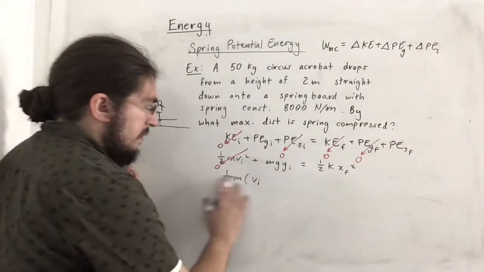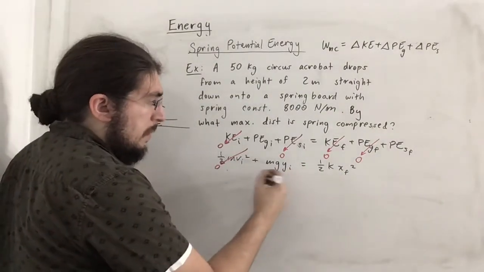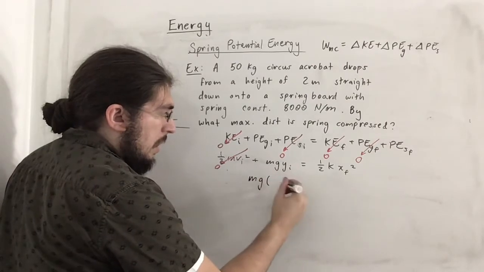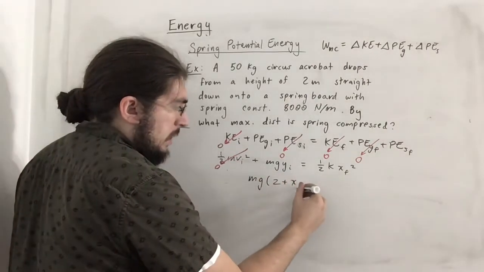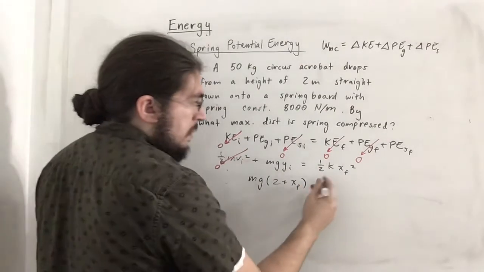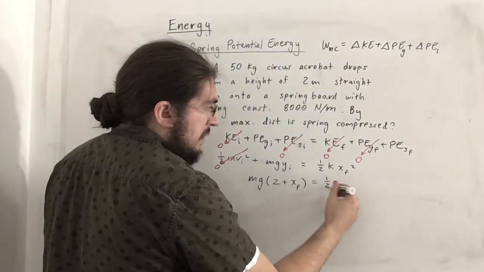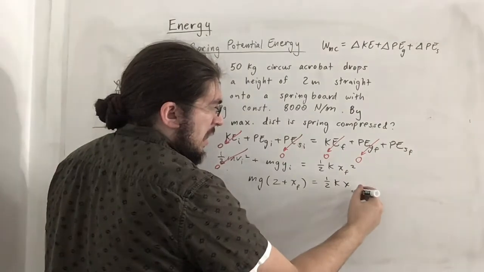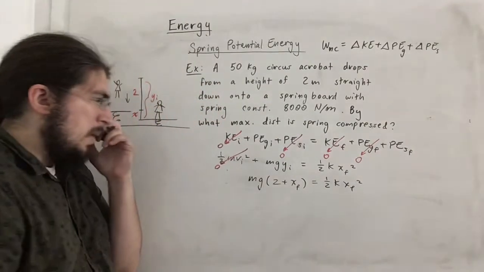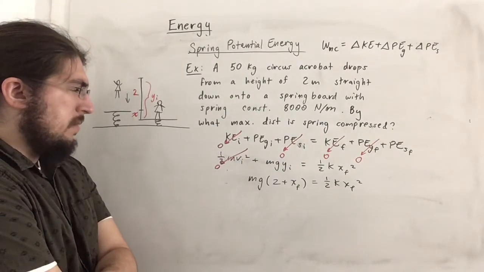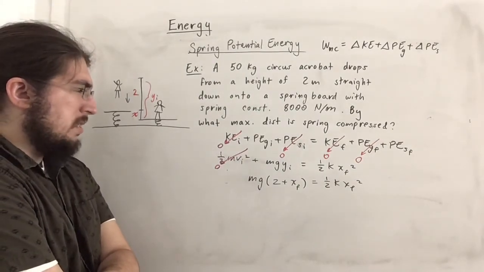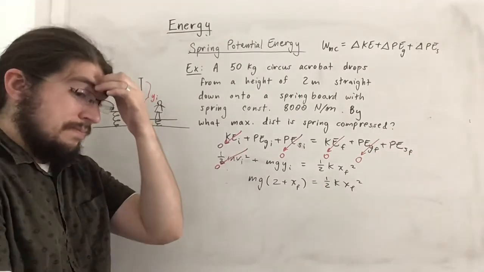So in reality, we don't have to pull out anything, but we can replace yi with 2 plus x, which I guess is xf technically, equals 1/2 k xf squared. So I guess we can solve again in general, but it seems like this is going to be a quadratic equation, so we need the quadratic formula maybe.